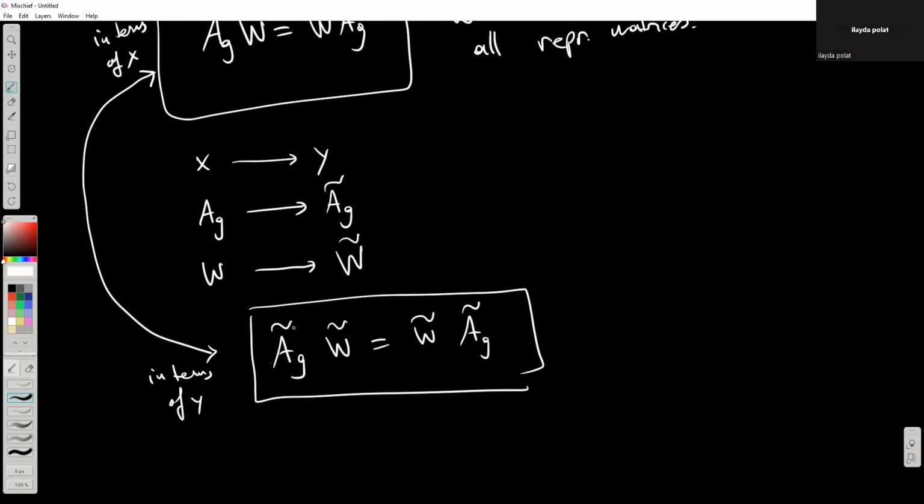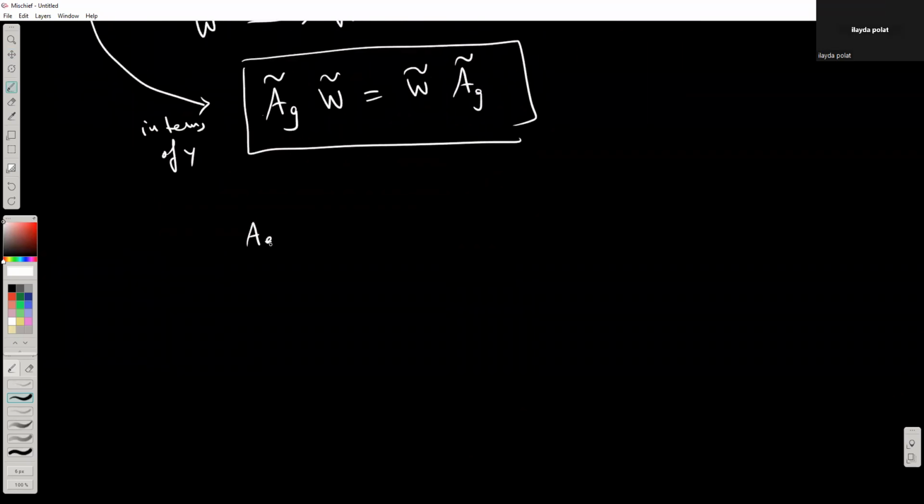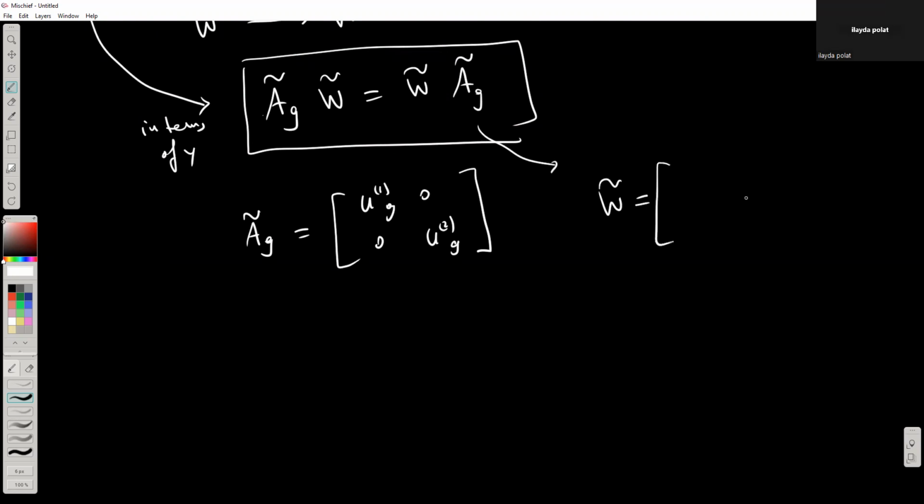In terms of these new normal mode coordinates, since these are block diagonal, the W matrices are also block diagonal. That's the idea that you can use. Because A_G tilde is in block diagonal form, so there are these two blocks in here, this expression implies that the W tilde matrix is also in block diagonal form, and these two off-diagonal blocks are exactly equal to 0.